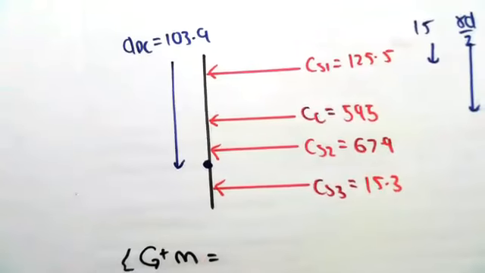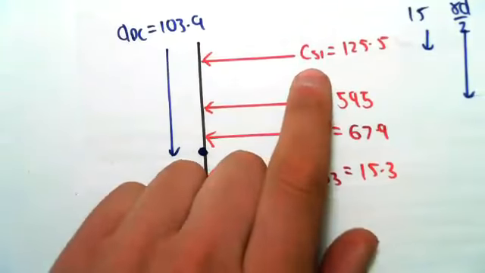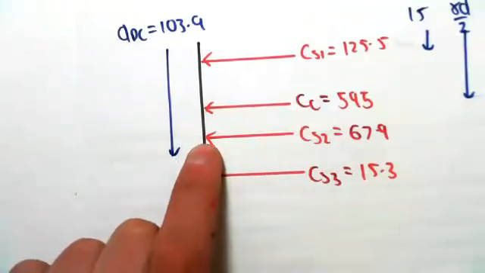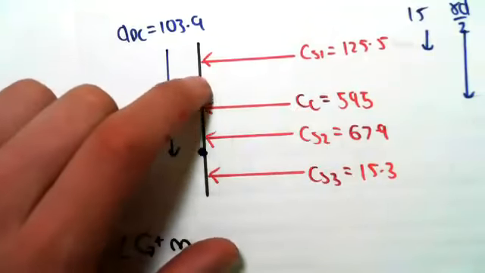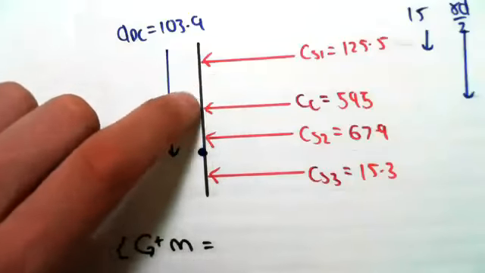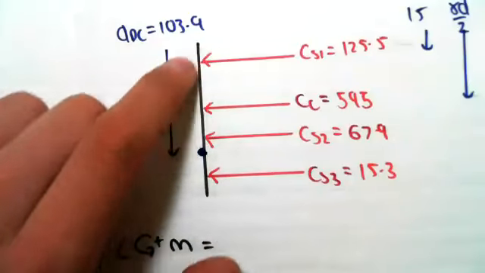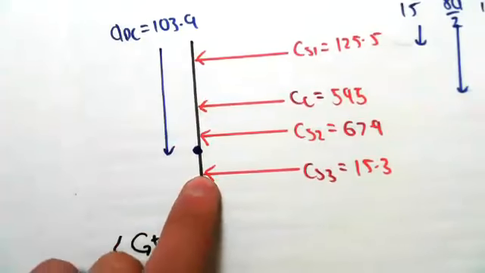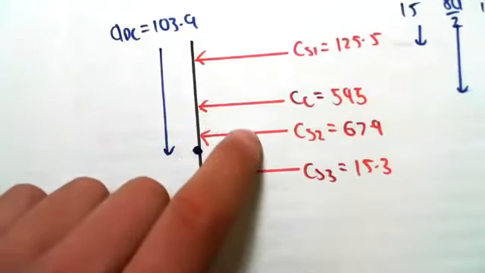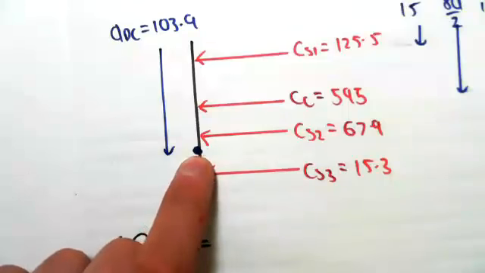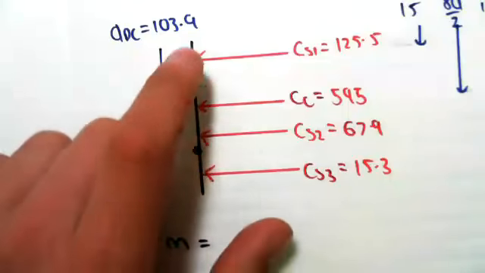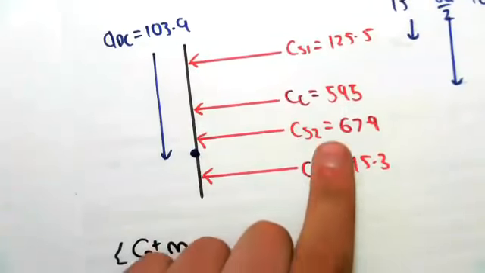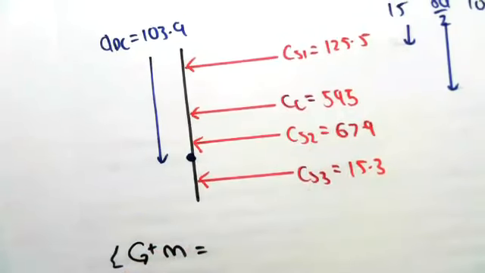So you can see that steel 1, concrete, and steel 2 are above the plastic centroid and are therefore going anti-clockwise about the plastic centroid, each of those, which means they're going to be positive moments. But the compression in steel 3 is going clockwise about the plastic centroid. So that's actually going to be negative. So positive, positive, positive, negative.